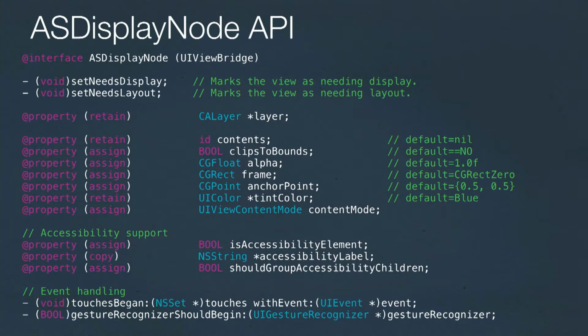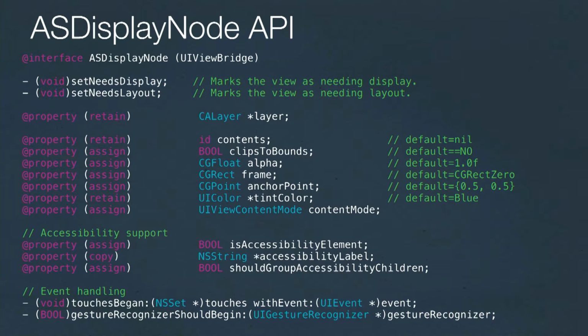So this part of the API, which is just a subset, is just an example of the UIView and CALayer functionality that's exposed through the node. This is to say that the Node API was designed as a superset of UIView and CALayer. This is really useful because all of these properties or methods you've seen before: you can implement a touchesBegan method, and it will be called as you've experienced in the past.